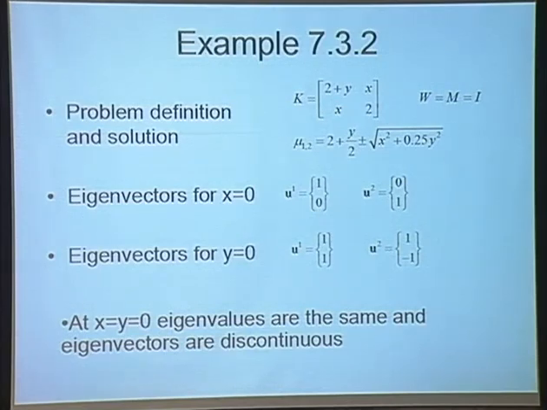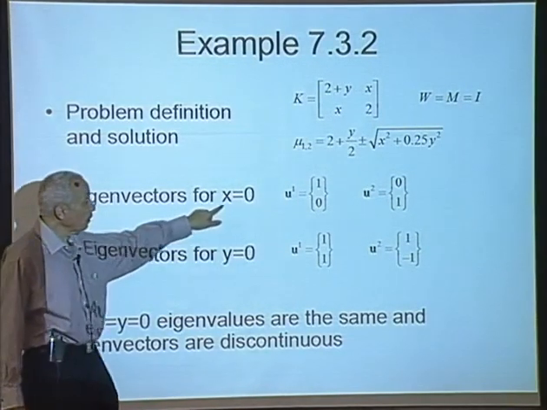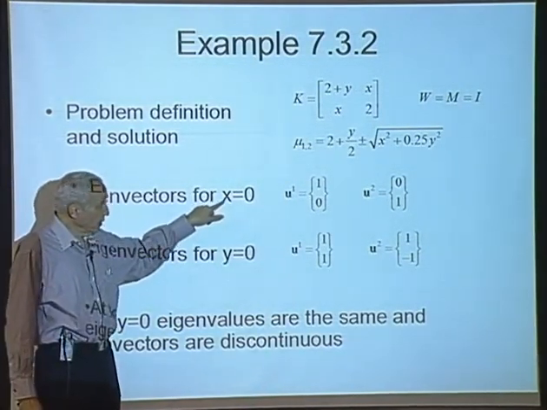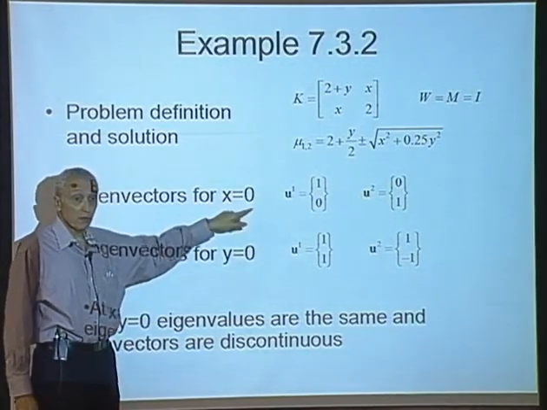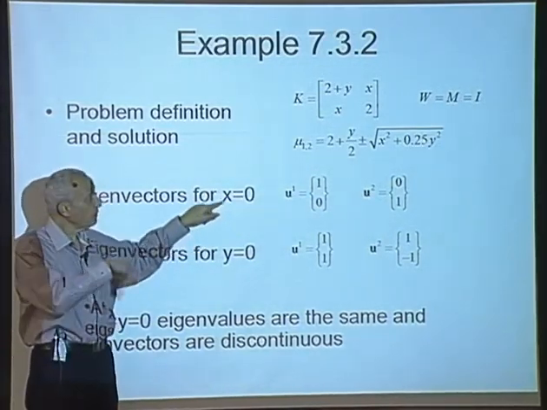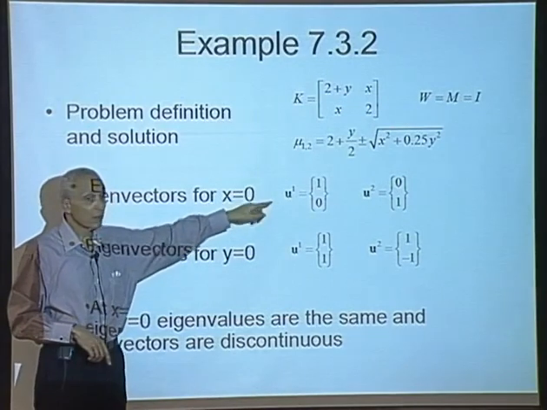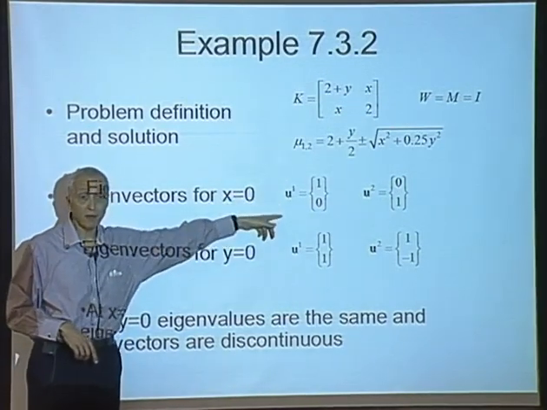Now, any problems with seeing this difficulty that we have? That is, as we approach the point x equal to 0 and y equal to 0, if we approach along x equal to 0, that is the vertical axis, then we have these eigenvectors.